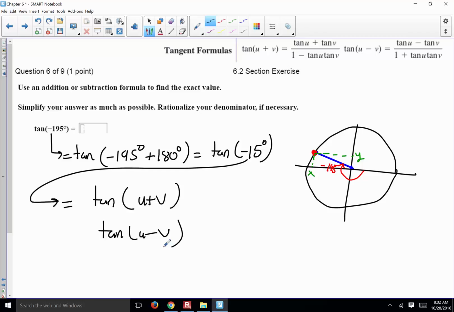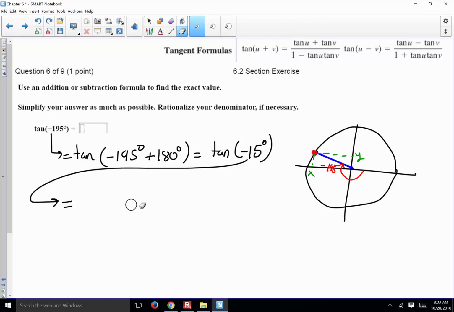Come on. Give me two angles whose table values you can find, whose addition or subtraction must be minus 15. 30 minus 45. Thank you. 30 and 45, right? So we are gonna use the difference.